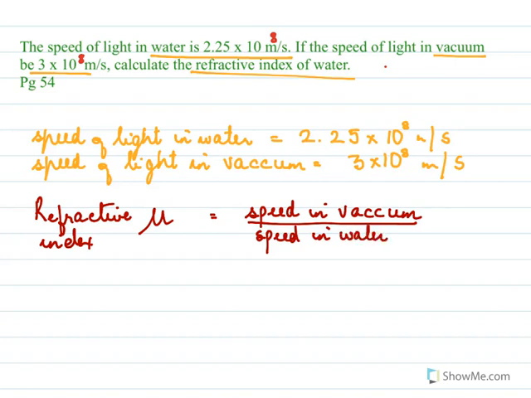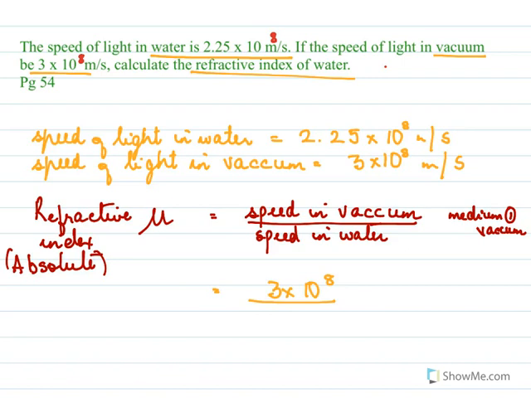water. Now remember, this will be absolute refractive index because here we took medium 1 as vacuum. So what we are calculating is actually absolute refractive index. Let's put our values. Speed in vacuum 3 into 10 raised to power of 8 over 2.25 into 10 raised to power of 8 meter per second.